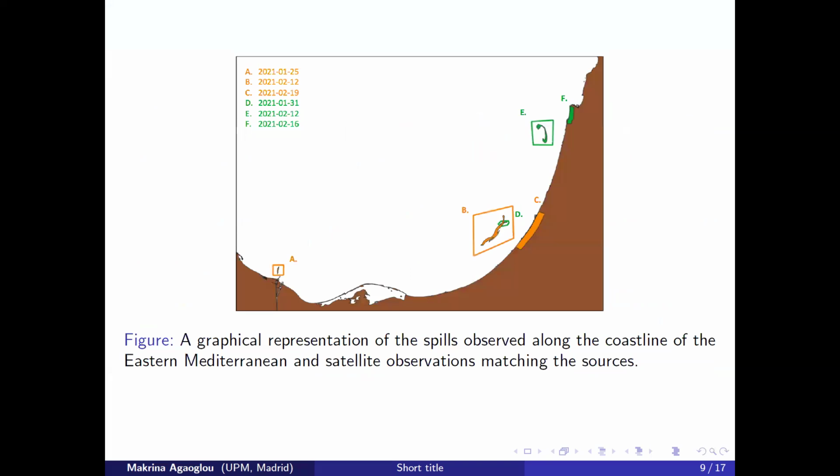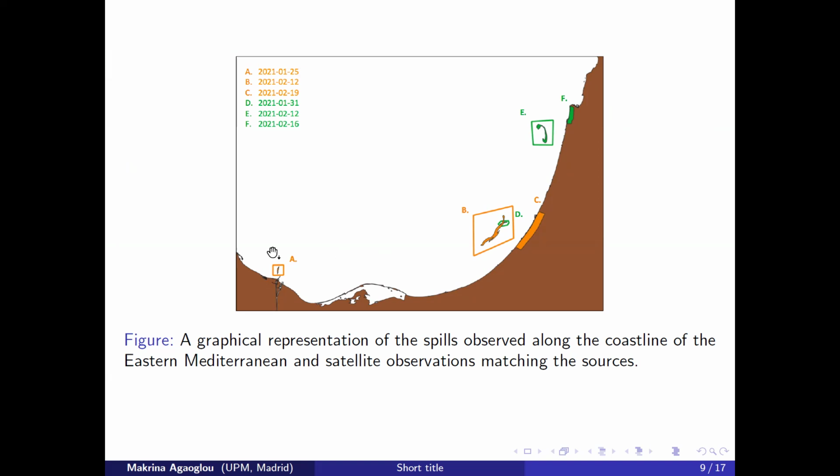So here in this figure, we illustrate some affected geographical areas. For example, you can see the orange and green colors along the coastline mark the oil arrivals, and then the systematic search of satellite images identifying potential sources of these observations. A careful examination concluded that those sources are the green and orange polygons, which correspond to satellite observations located in position and time in a manner consistent with the position and dates of the oil that arrived at the coast.